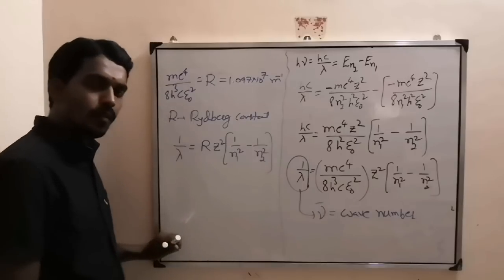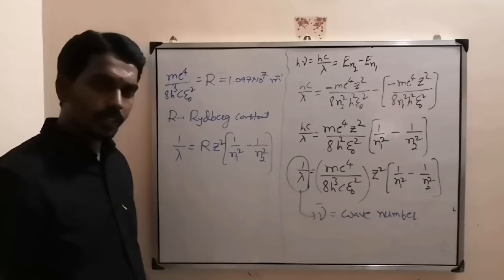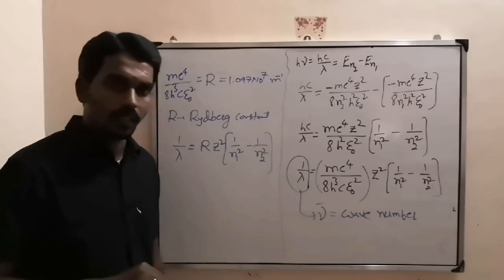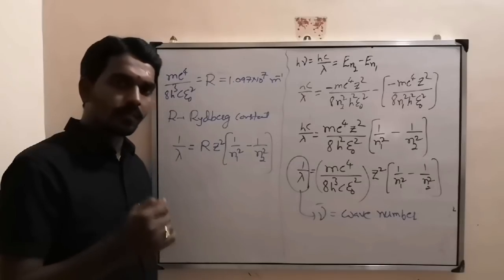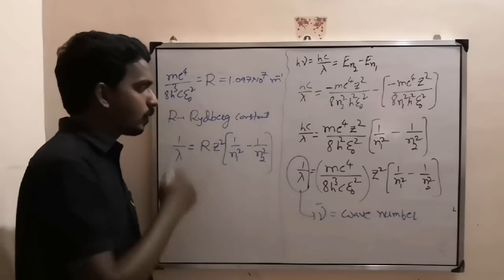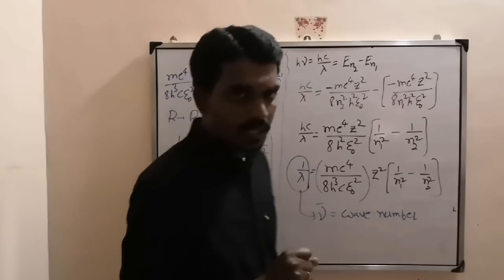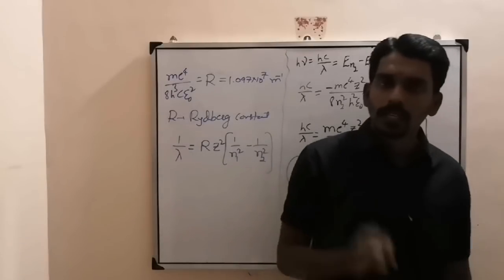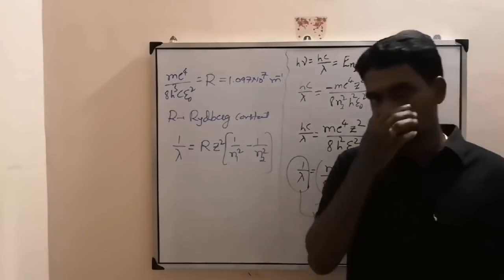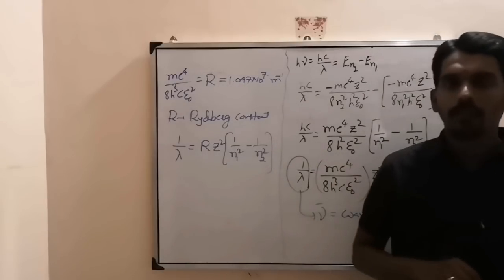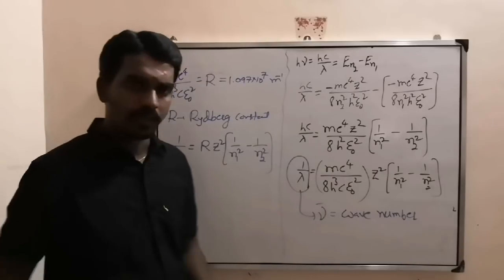This is the wavelength equation for any atom, for any transition, while the electron is taking transition from a higher orbital to a lower orbital. So we found the radius equation, speed equation, energy equation, time period equation, and wavelength equation. These are in general for every atom.